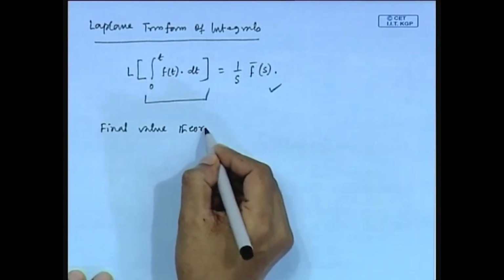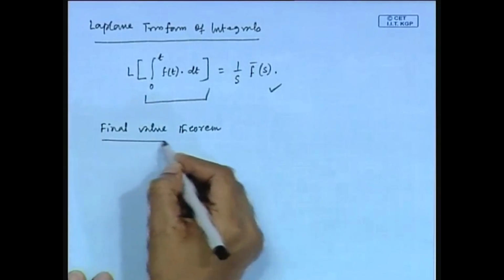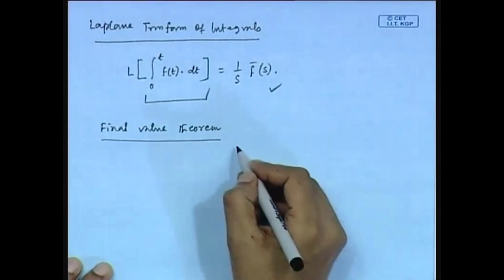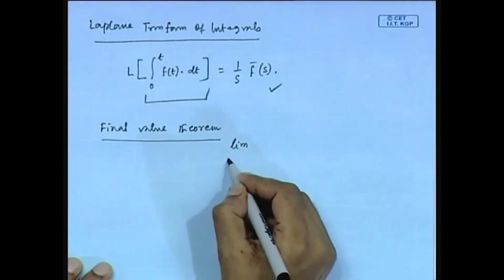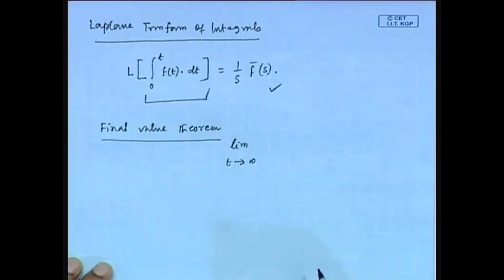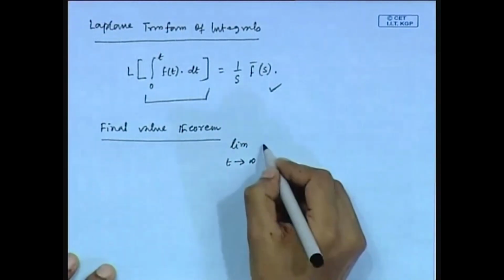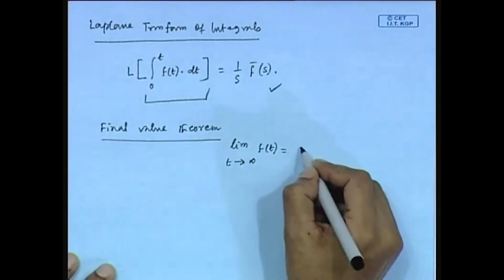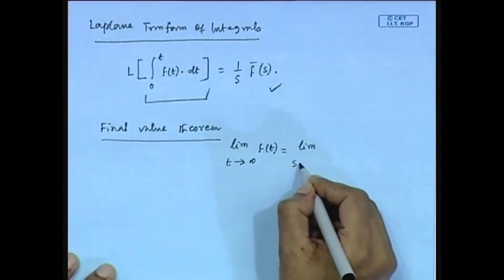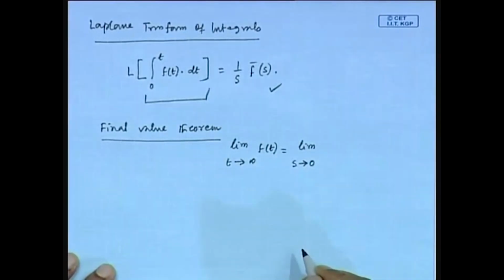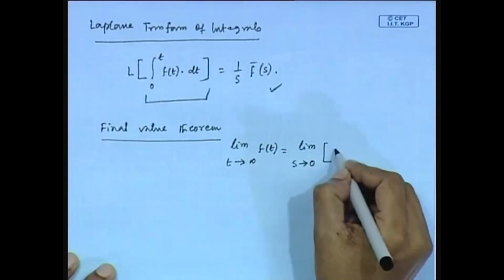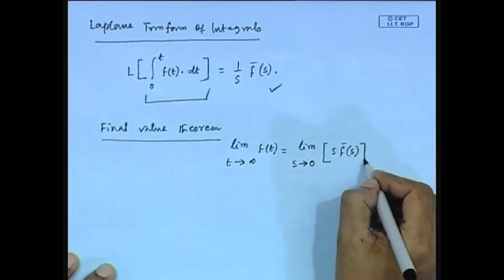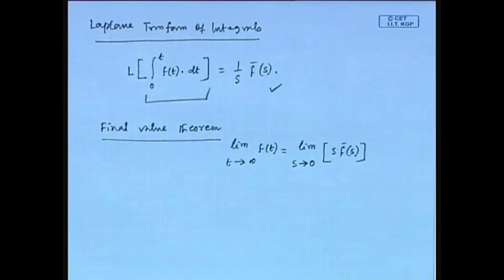The final value theorem is: limit t tends to infinity f(t) equals limit s tends to 0 s f bar(s).